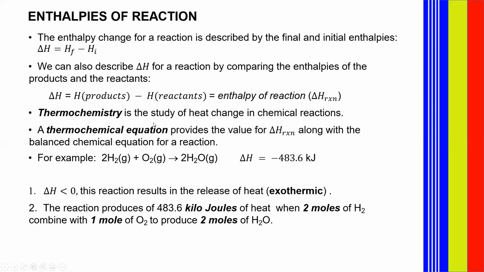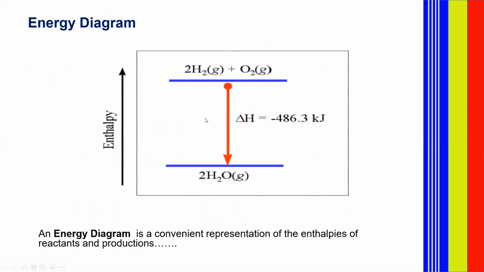So thermochemistry is the study of heat change in chemical reactions. For example, when you have hydrogen plus oxygen giving H2O, delta H is equivalent to minus 483, which indicates that this is an exothermic process. And when you want to represent that in terms of an energy diagram, this is how you're going to sketch it.